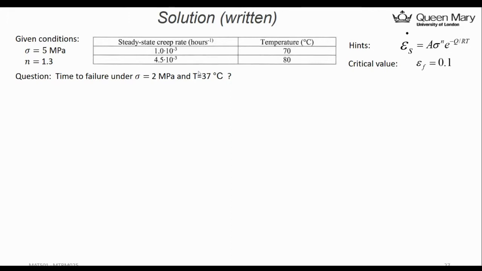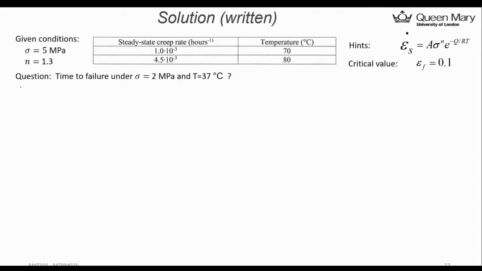The first thing you can do is switch the temperatures here, 70, 80, and 37 degrees, to Kelvin.